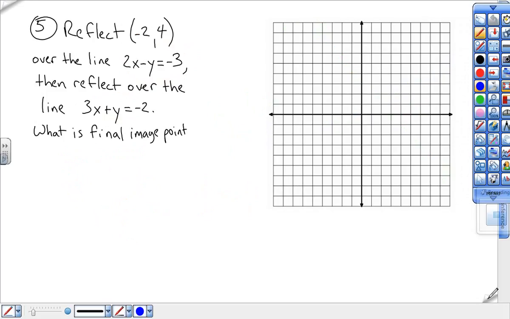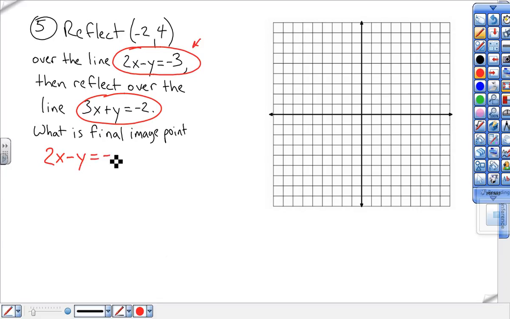Alright, this one is way more difficult because you need to solve both of these for y first, and that first one has 2 steps of algebra. So if I have 2x minus y equals -3, I'm going to take away 2x on both sides.